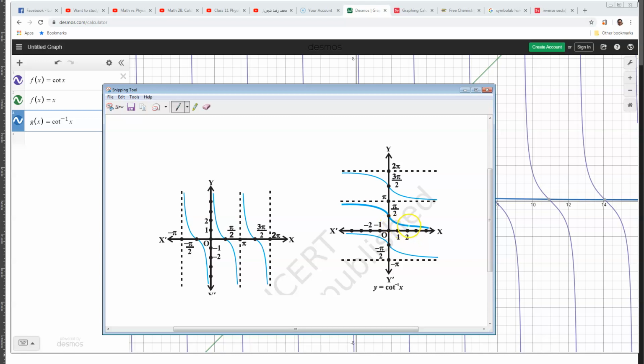From the table that we prepared, you know that these values go from 0 to pi, of course excluding 0 and excluding pi, right?